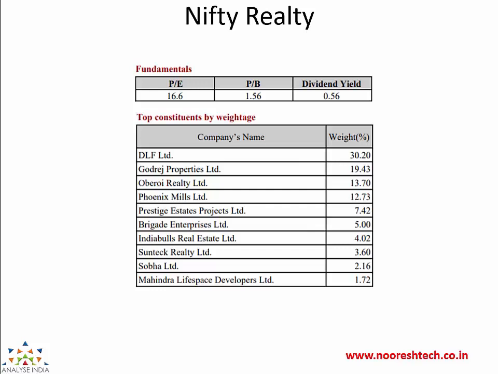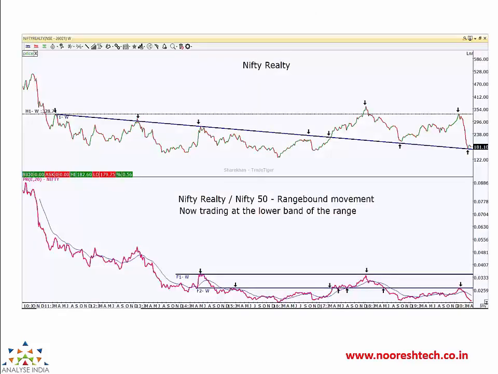Next we see is the Nifty Realty chart, where the majority of the weight is contributed by DLF, Godrej Property, Oberoi and Phoenix Mills. Let us look at the chart. The chart has been in a flat range for a very long period of time, that is since 2011. The ratio chart was also flat but in a constant downtrend.